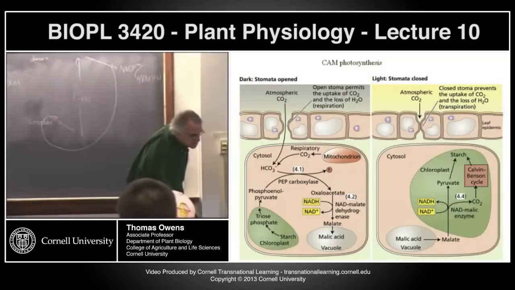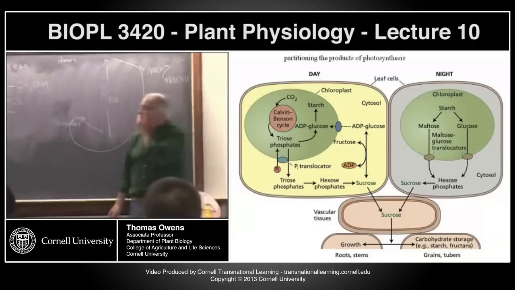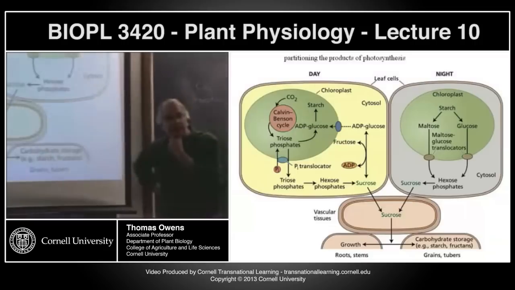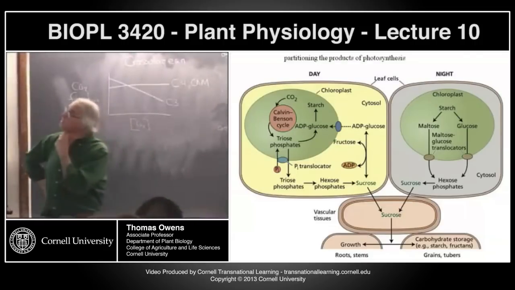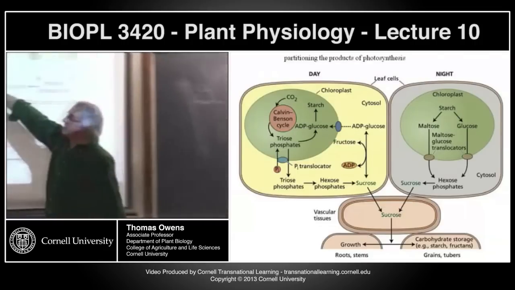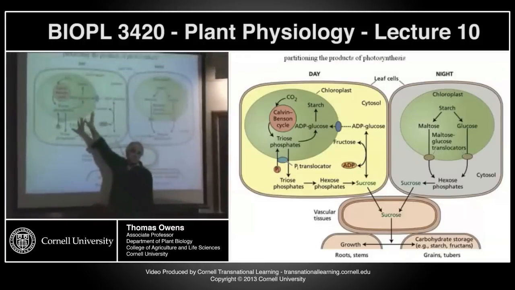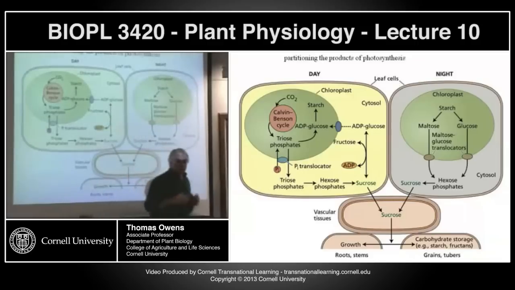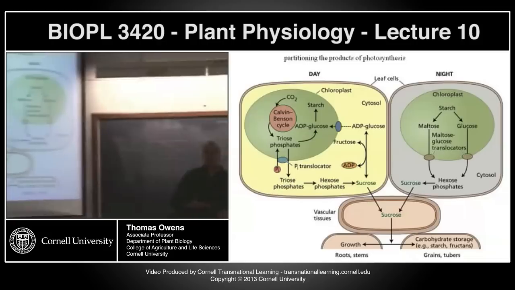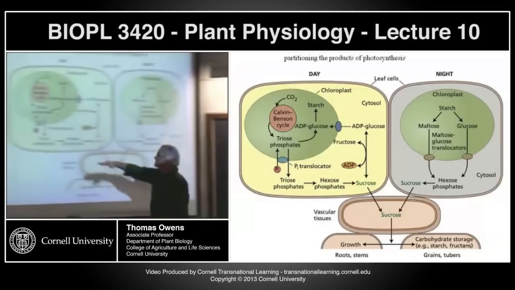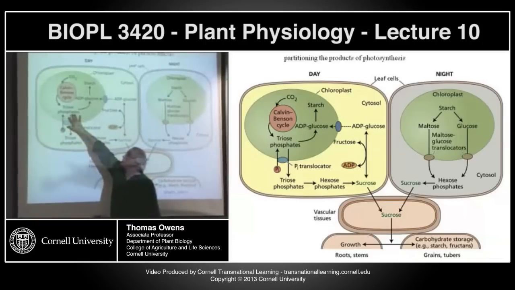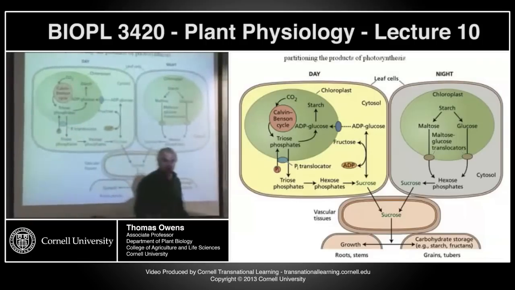So let's just finish up by talking about this in the context of the larger picture of how carbon moves around in plants. If we think about the daytime, the plant's producing triose-phosphates through photosynthesis. Those triose-phosphates do not accumulate in the chloroplast. If they accumulate in the chloroplast, the first thing that happens is the higher concentration of triose-phosphate feedback inhibits the Calvin cycle, and photosynthesis stops.